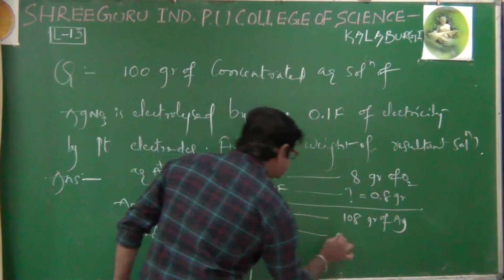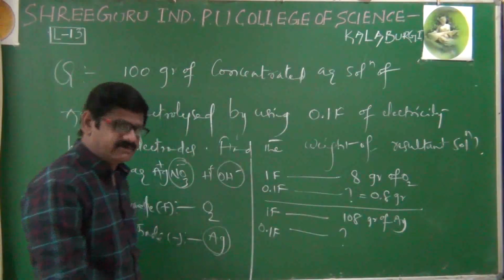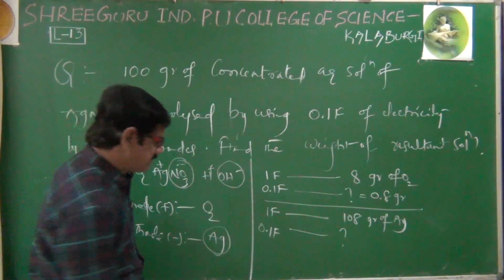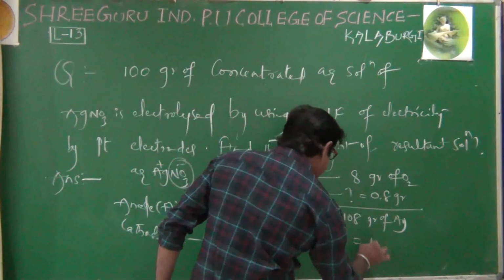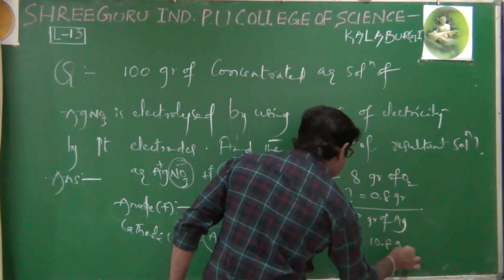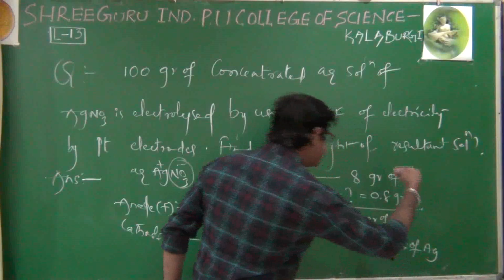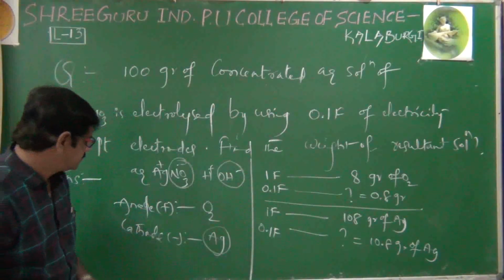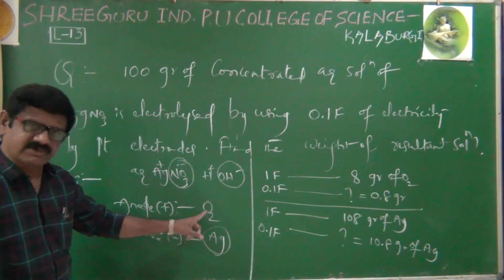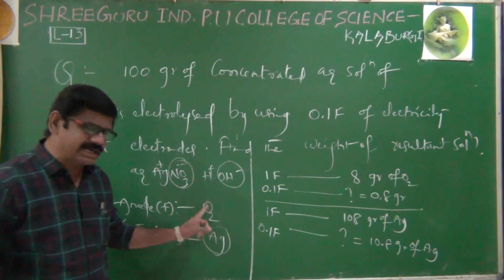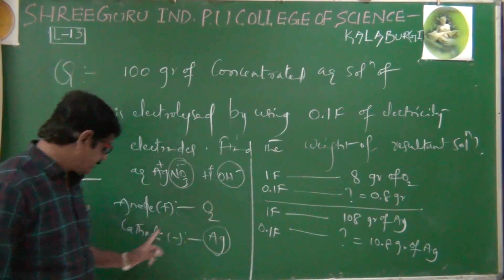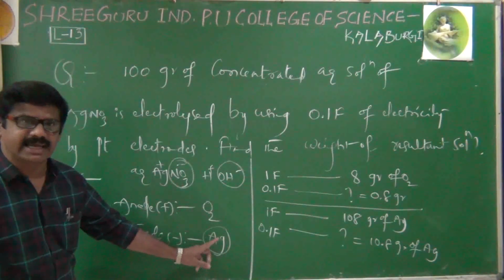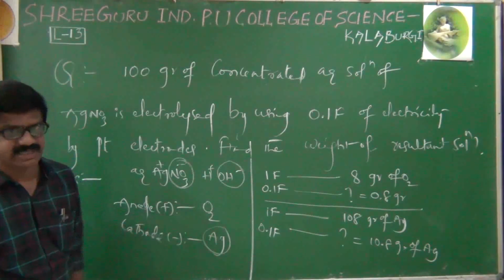For 0.1 Faraday, how much mass of silver will be deposited? 0.1 into 108 is nothing but 10.8 grams of silver will be deposited. I'll repeat. At the anode, how many grams of oxygen is liberating? 0.8 grams of oxygen is liberating. At the cathode, 10.8 grams of silver is depositing.